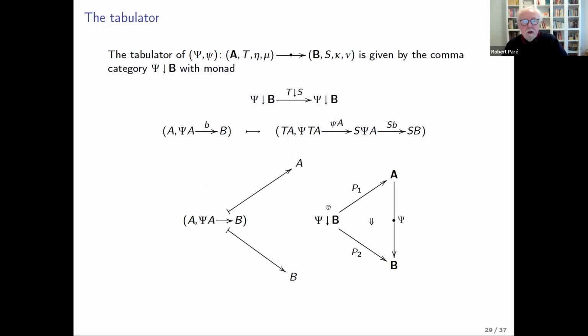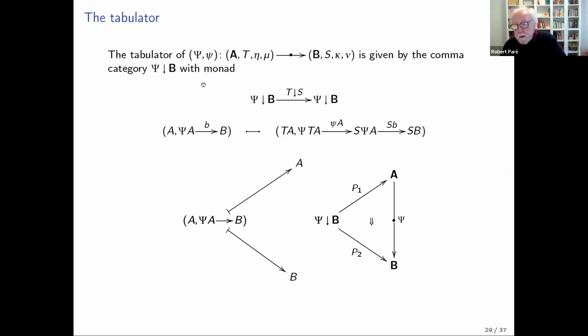So what is this tabulator? If you have here an oplax morphism, so a vertical morphism from T to S, then the tabulator is given by this comma category. The comma category psi arrow B has as objects A, and then maps psi A to B, and that's what the comma category is.